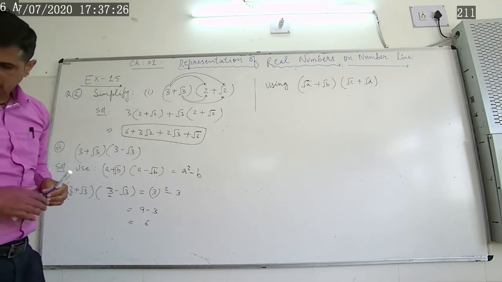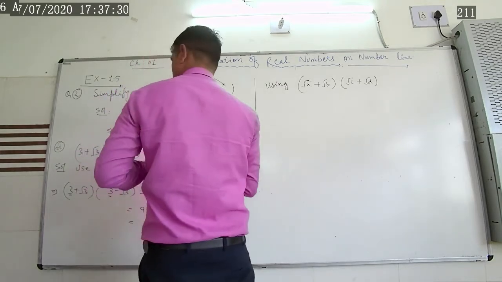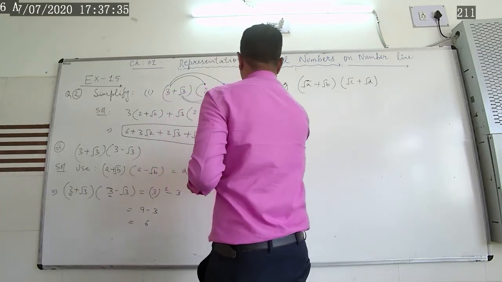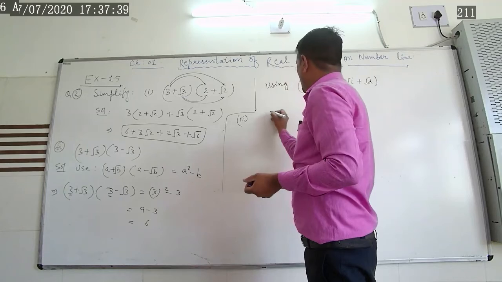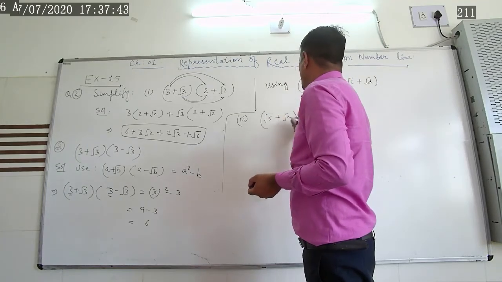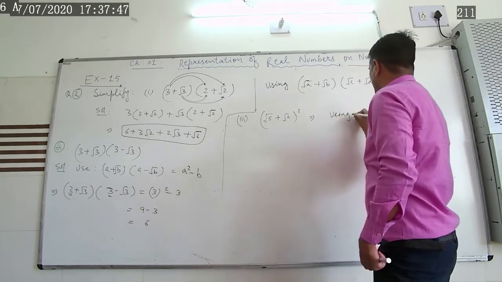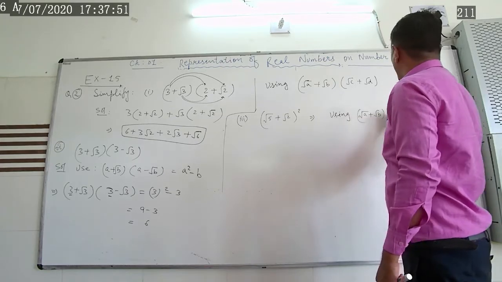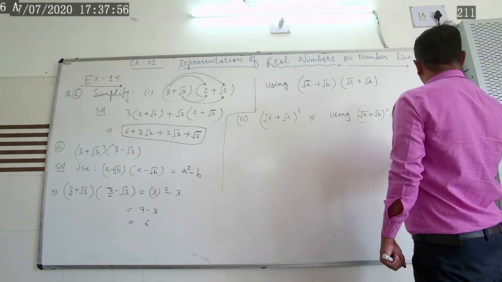Now question number 3. This is part number 3. How can we operate this one? (Under root 5 plus under root 2) whole square. So I can make use of (under root a plus under root b) whole square can be written as a plus b plus 2 under root ab.